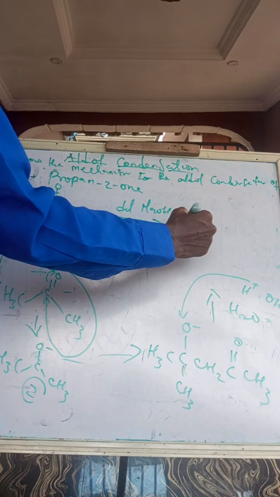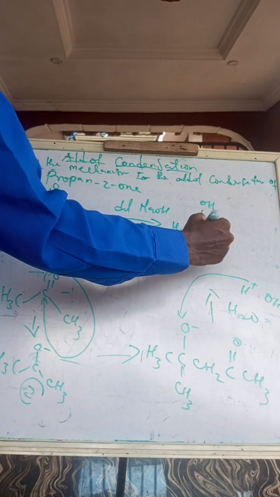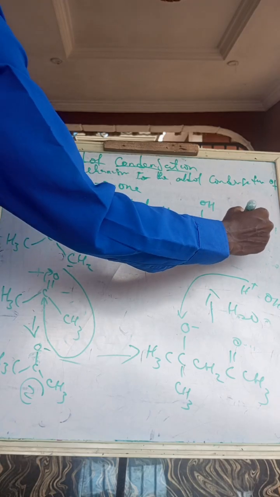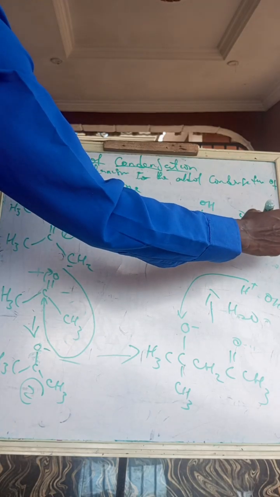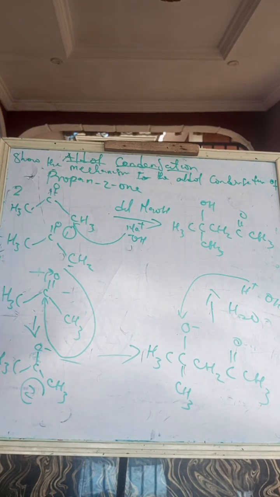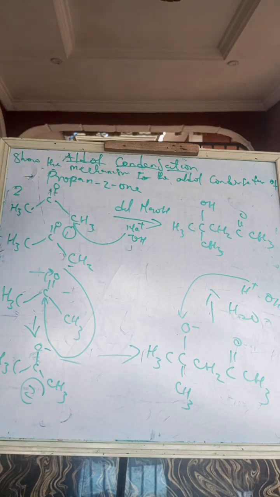We are left with H3C, C, OH, CH3, CH2, C double bond O and CH3. So you can see we successfully formed our beta hydroxy ketone. This is our product for Aldol condensation of propan-2-one.